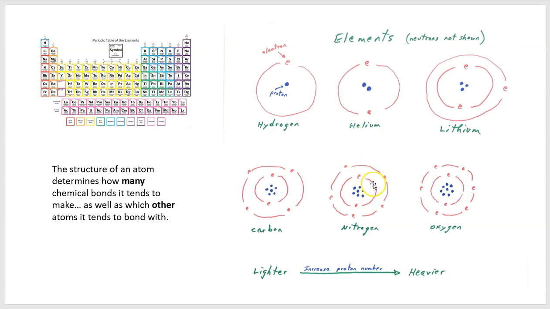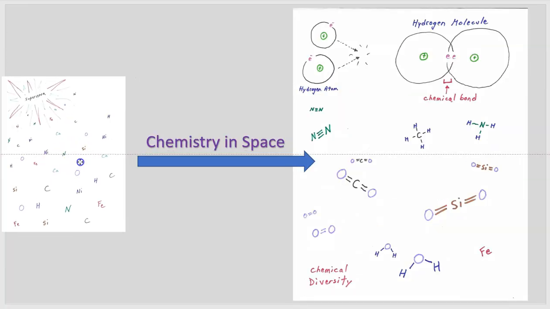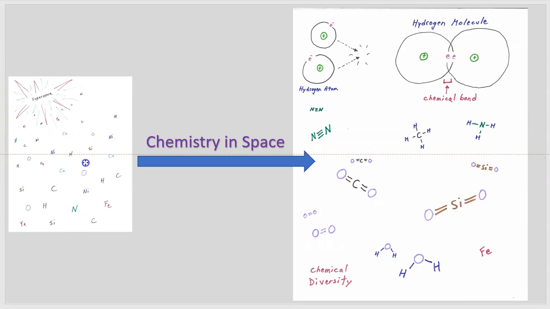And the structure of the atom determines how the atom links up with other particular atoms. Now, on the left, let's remember a supernova has exploded and has distributed lots of different elements back out into space, and this sets up the conditions where chemistry can occur. Chemistry involves atoms joining together to form molecules.